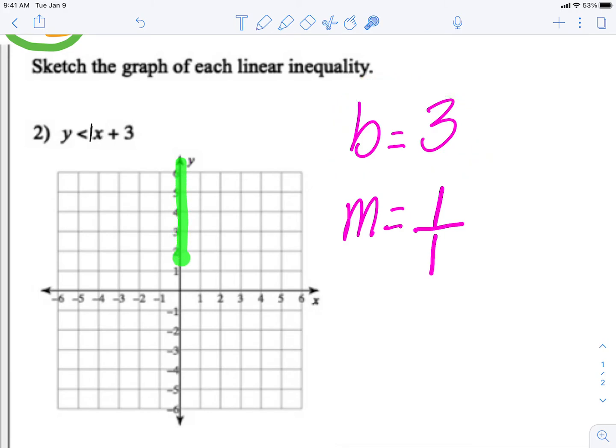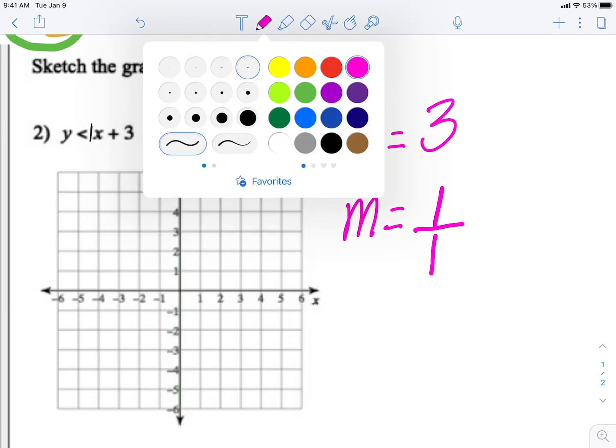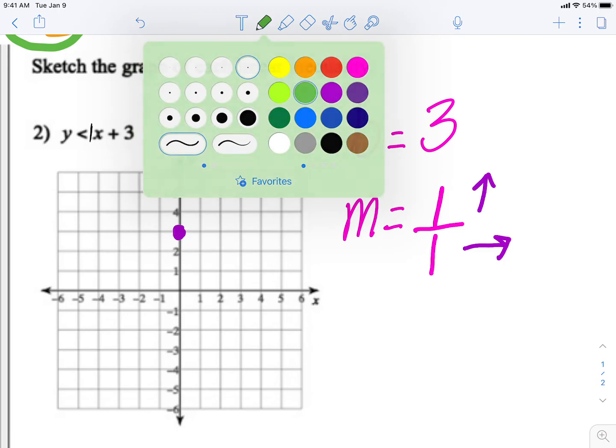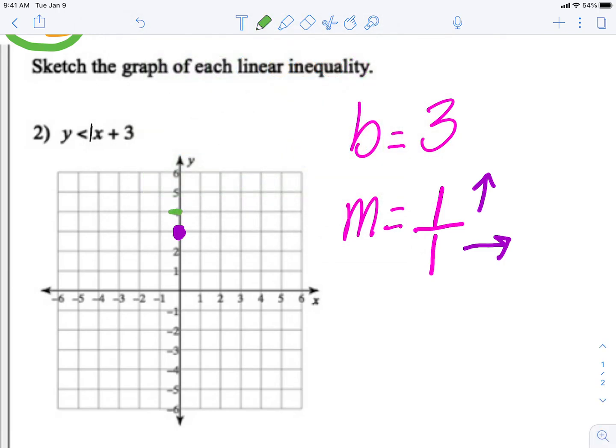So on my y line here, I'm going to find b, which is 3, positive 3, right there, right? Then I'm going to go slope. My slope is going to go up 1 over 1, right? So up 1 over 1, and that's where my second point goes.